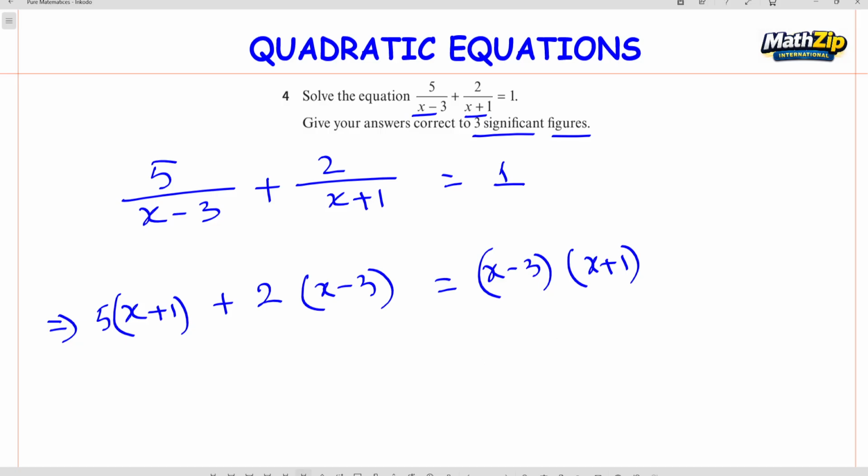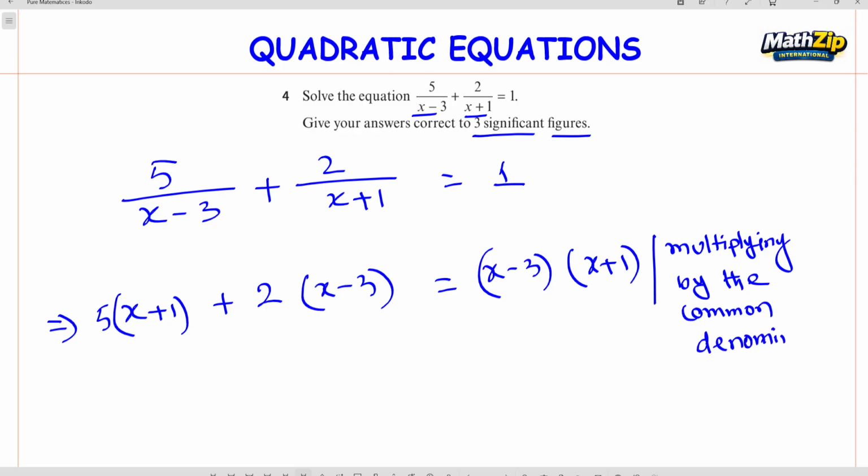So we are multiplying by the common denominator.